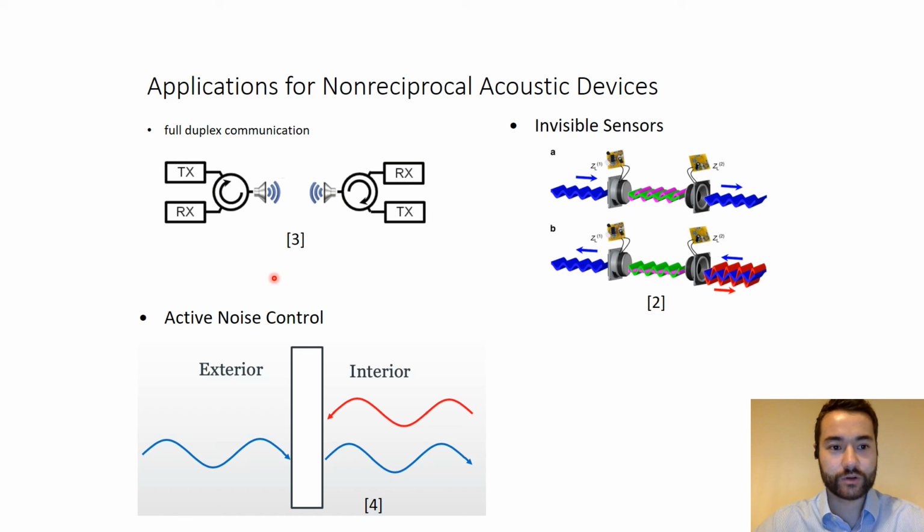Another application is full duplex communication, where you're able to transmit and receive signals on the same transducer. And another application is invisible sensors, where you're supposed to detect a sound field whilst any unwanted noise is blocked in the other direction and does not contaminate the sound field.